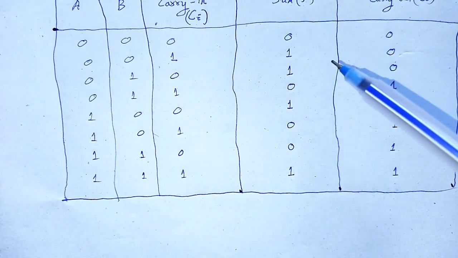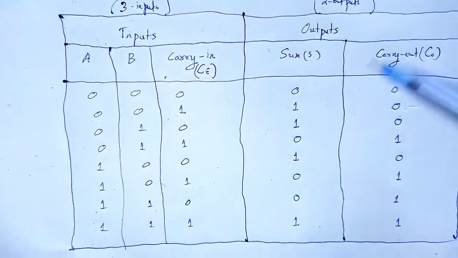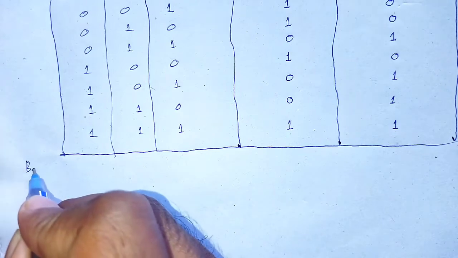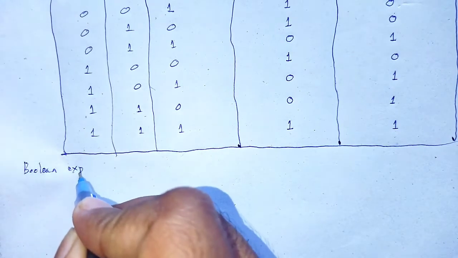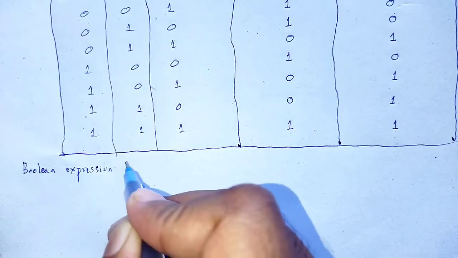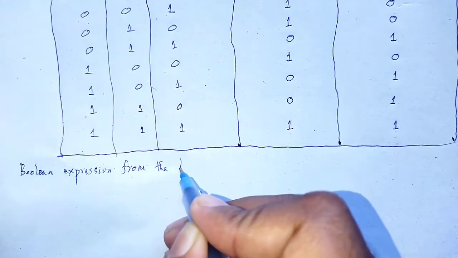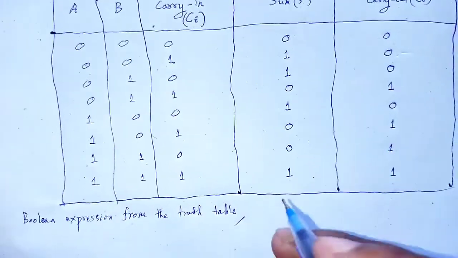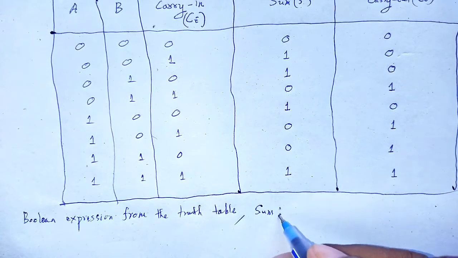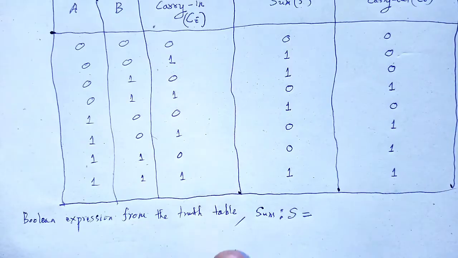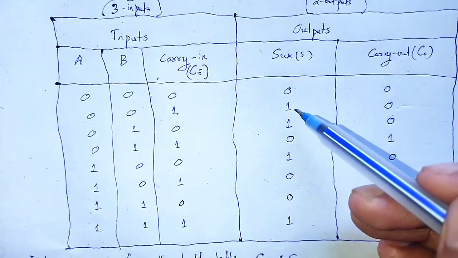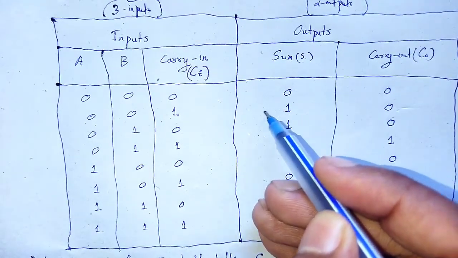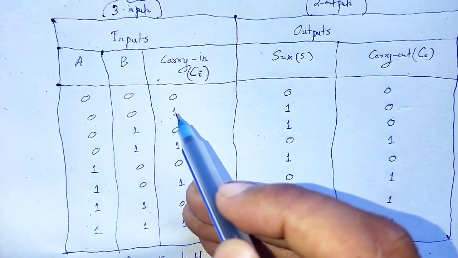When we write the Boolean expression from the corresponding truth table, for the sum S, where the result is 1, here the inputs are 0 0 1.